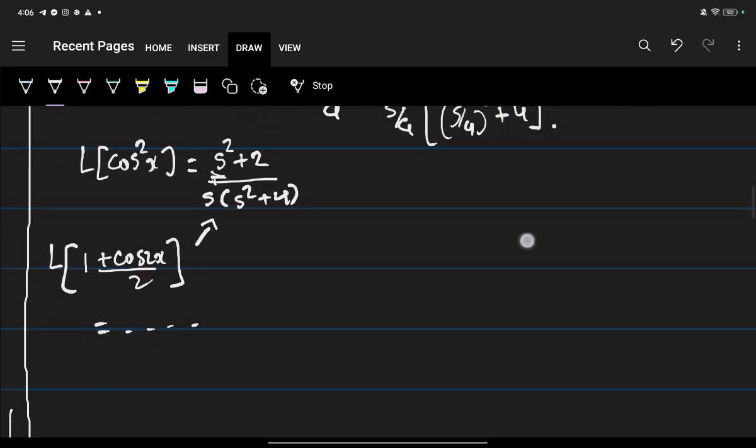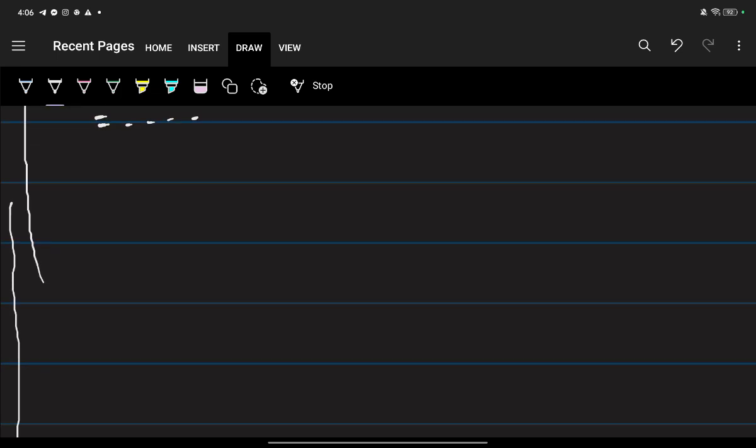Alright, now let's move ahead and discuss the fourth property. The fourth property says that if you know the Laplace transformation of any function, then you can find out the Laplace transformation of x raised to n times f of x.